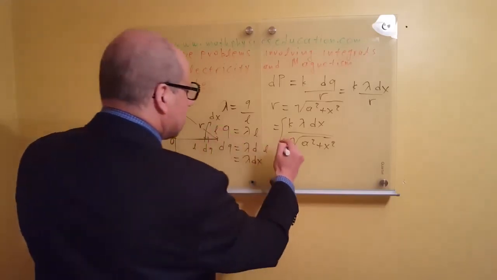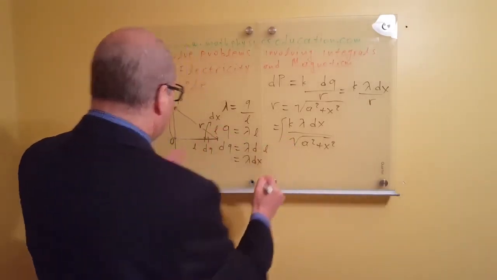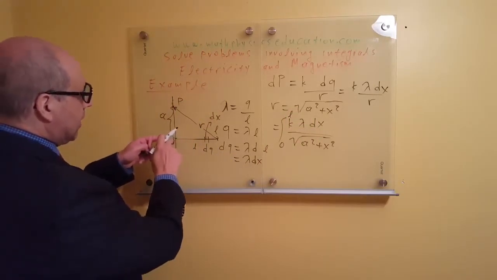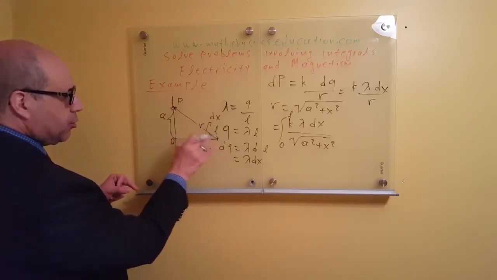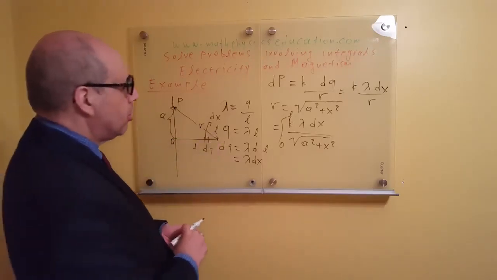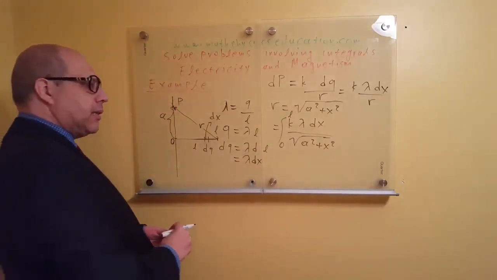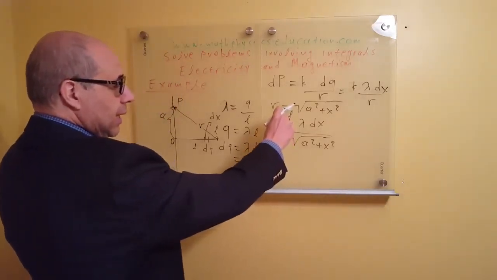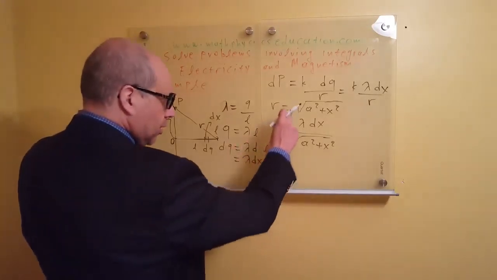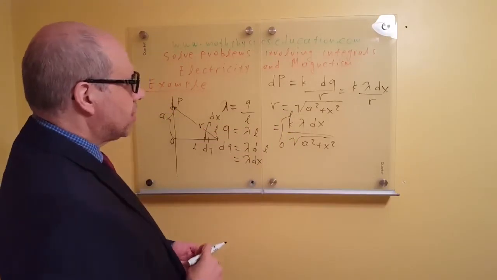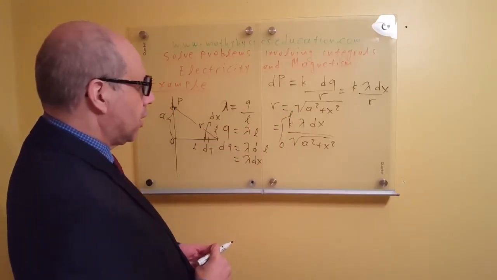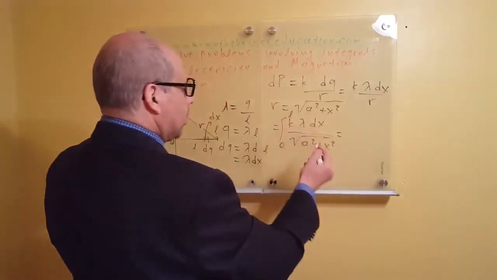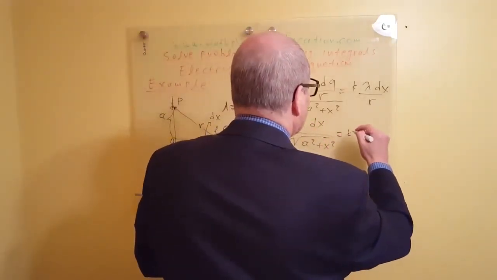So you have to calculate k lambda times the integral with respect to x of 1 over the square root of a square plus x square, from 0 to L. And this integral is equal to k lambda times ln of x plus the square root of x square plus a square.